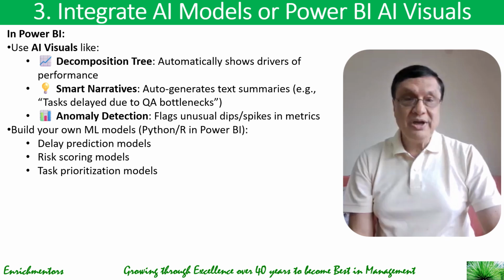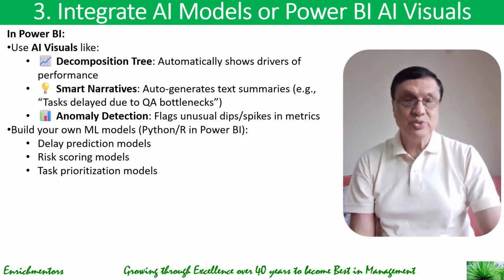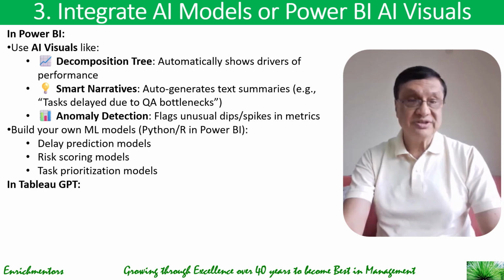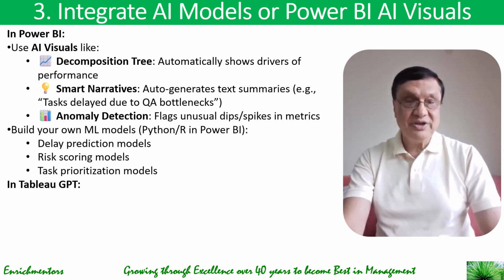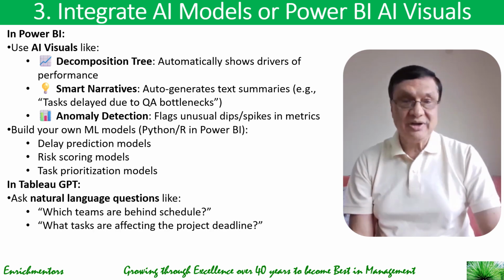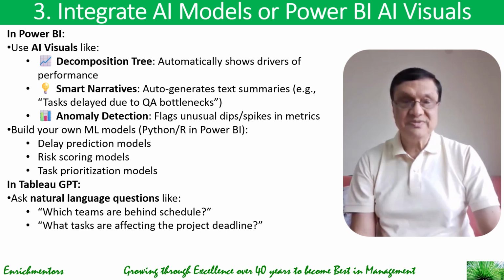Then you can build your own machine learning model, using Python or R in Power BI. And there you can use delay prediction models, risk scoring models, task prioritization models. And in Tableau GPT, you could ask natural language questions like which teams are behind schedule, what tasks are affecting the project deadlines.